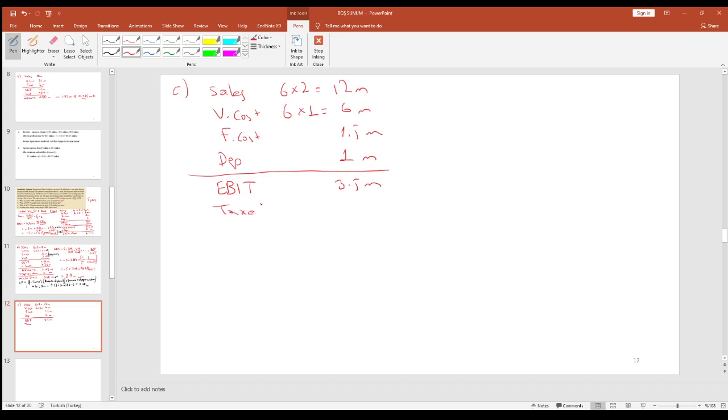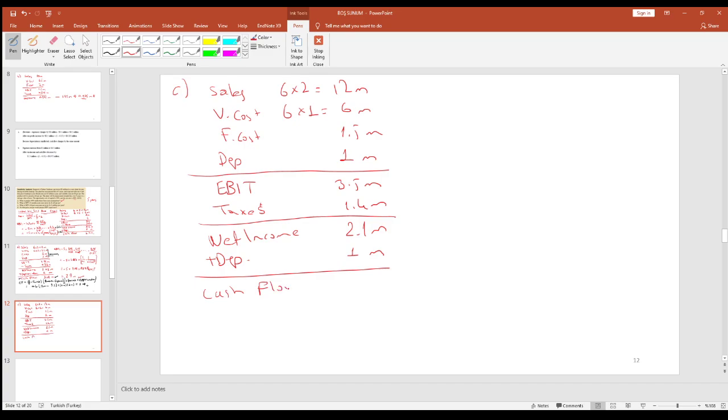Taxes at 40% here is 1.4 million. So net income will be 2.1 million. Add depreciation back, which is 1 million. And here cash flow will be 3.1 million.